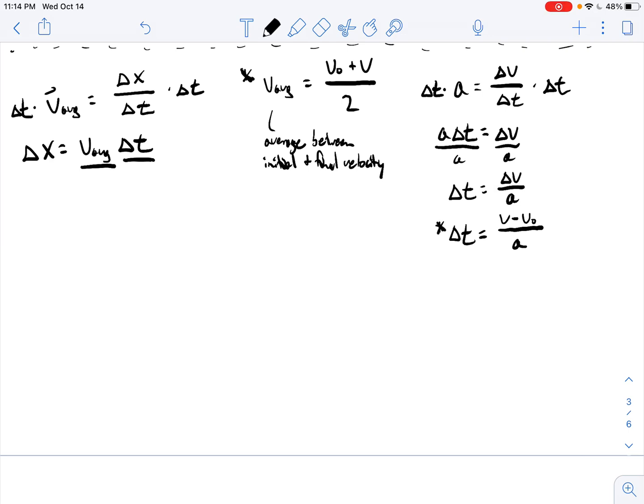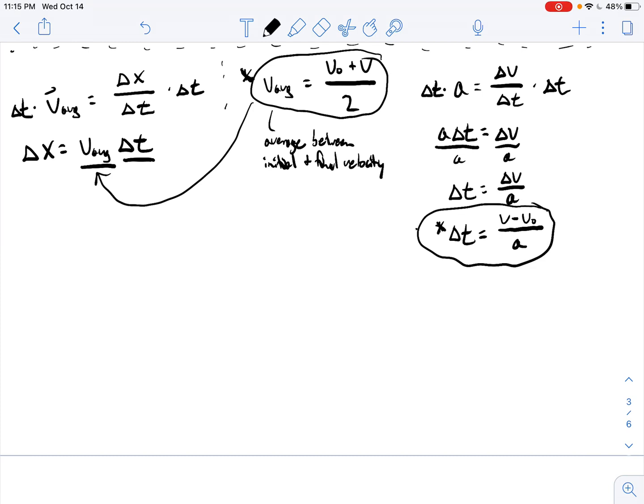So guys, the reason why we did all this work on the right side here is that I now have something I can plug in for our average velocity, and something I can now plug in for our delta t.